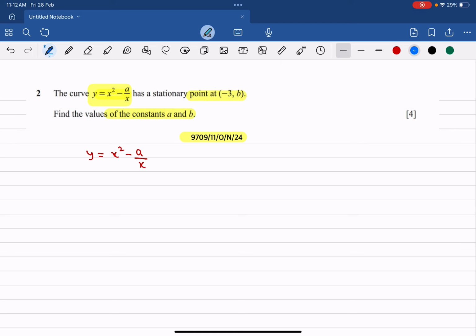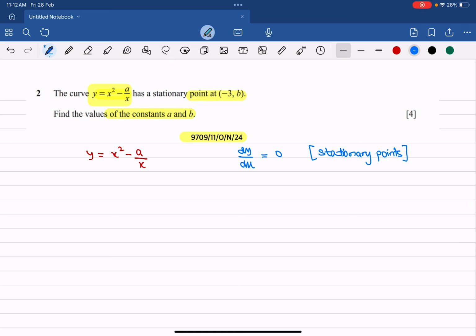And whenever we find dy by dx and equate it with 0, the answer is always stationary points. So we are going to use those concepts to find the unknown variables a and b.